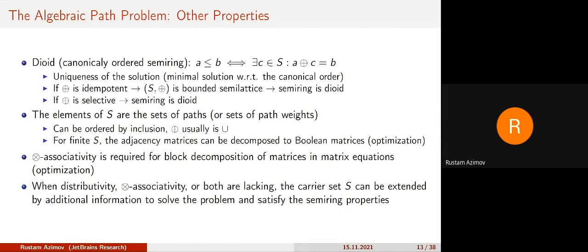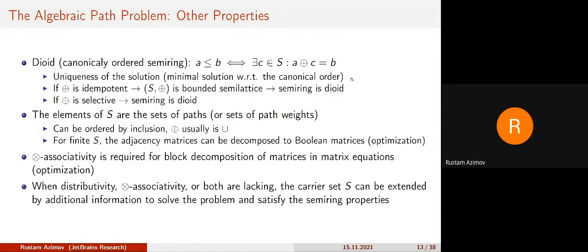If on a semiring we also have a canonical order, so if some order satisfies this rule, then we can talk about uniqueness of the solution. We just get the minimal solution with respect to this order.